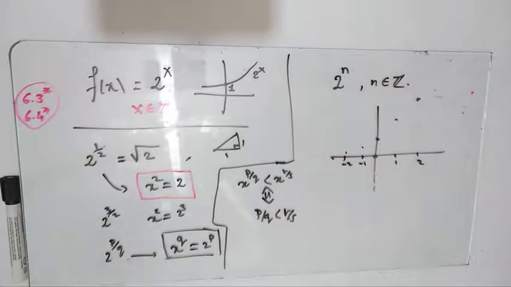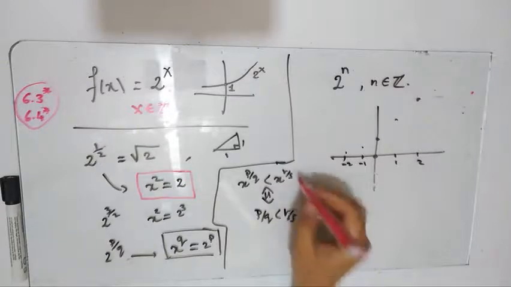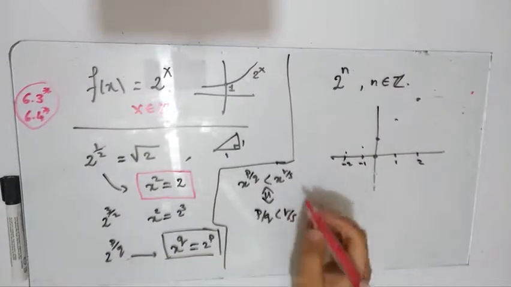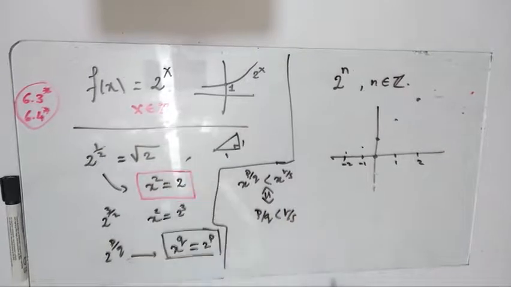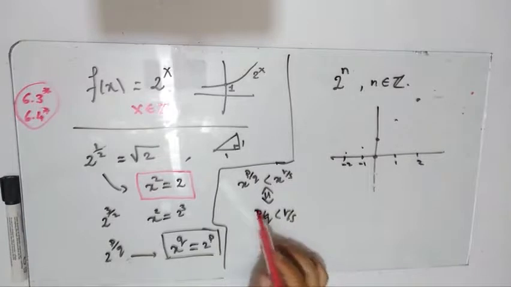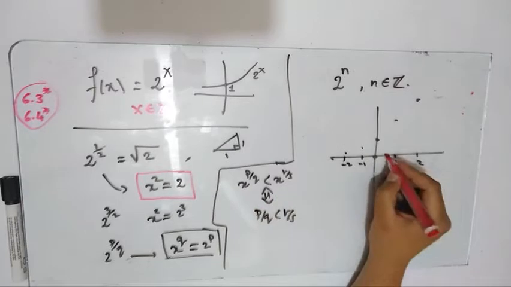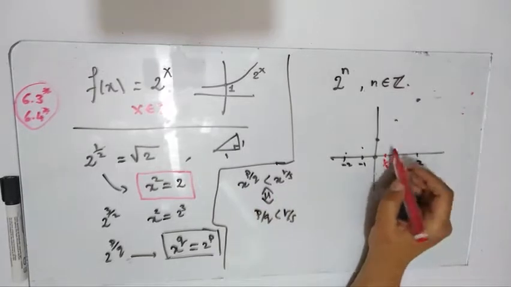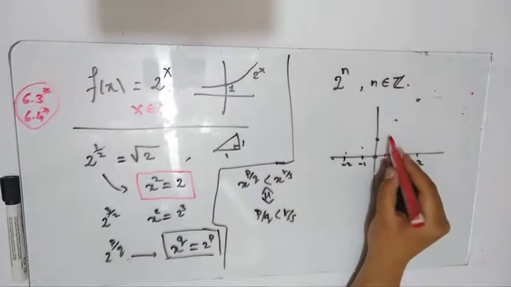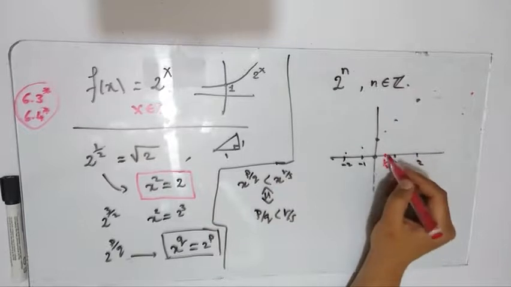Okay, so now we can define the exponentiation for a rational number p over q. And we saw from this relation that if p over q is less than r over s, then x to the power p over q is less than x to the power r over s. So if you have here, this is half, so it will be less than 1, so it will be something like that here, and all the other numbers.